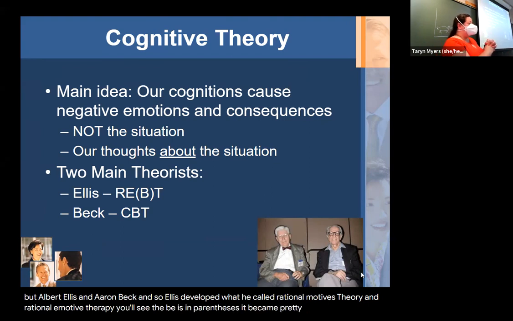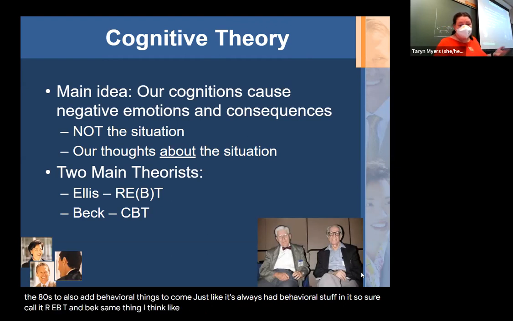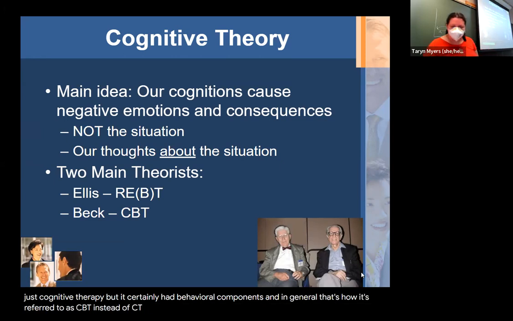It became pretty trendy in the 70s into the 80s to also add behavioral things to cognitive theories, and Ellis was like, it's always had behavioral stuff in it, so sure, call it REBT. Beck, same thing. I think to his death, Beck would have called his therapy just cognitive therapy, but it certainly had behavioral components. In general, it's referred to as CBT instead of CT.